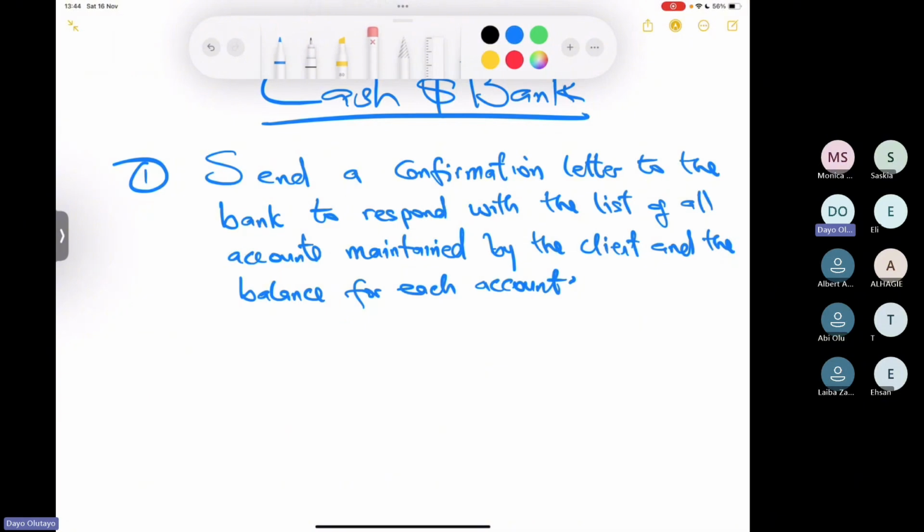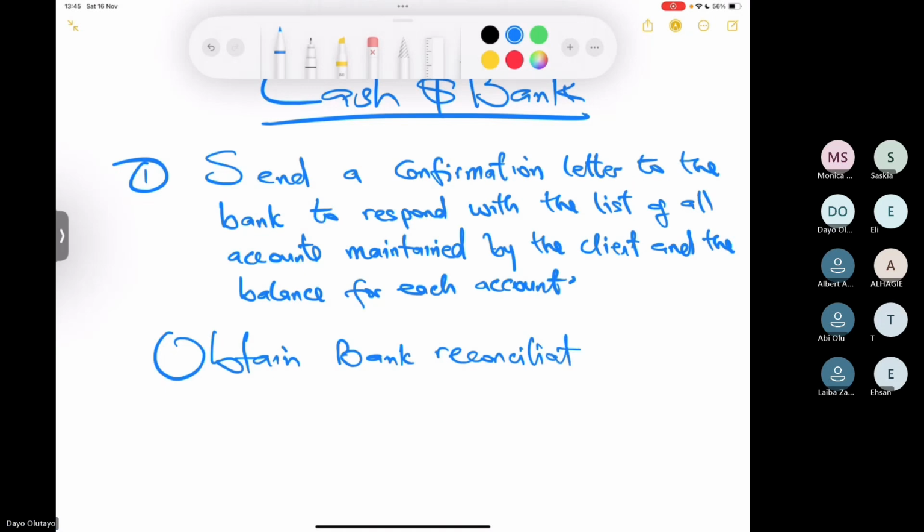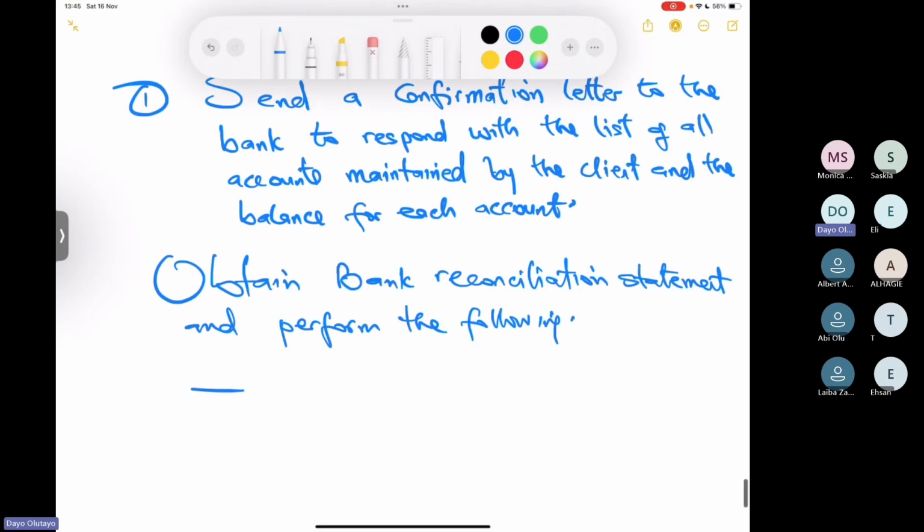So let me write: obtain bank reconciliation statements and perform the following. Number one, which is our second procedure.